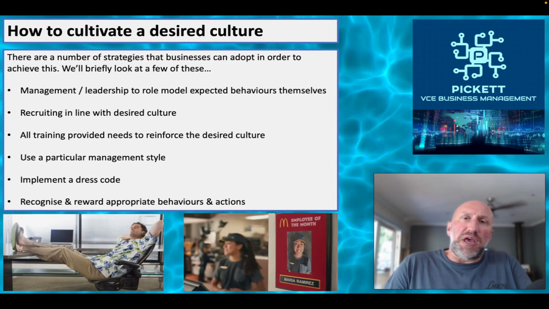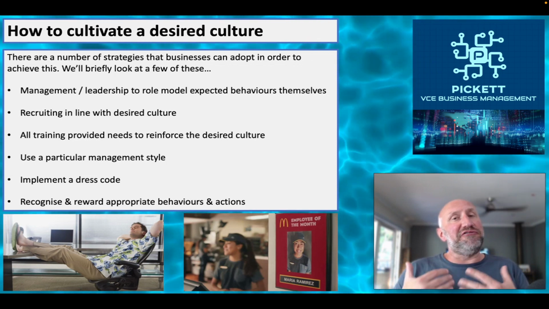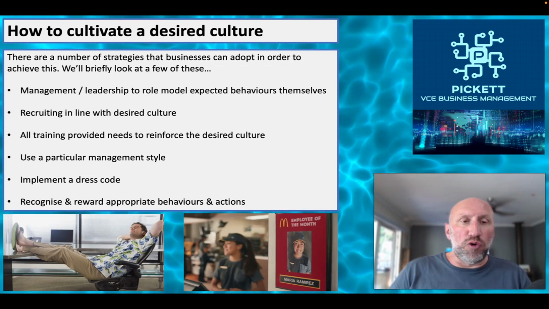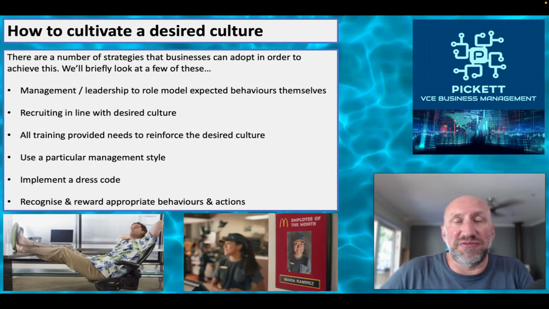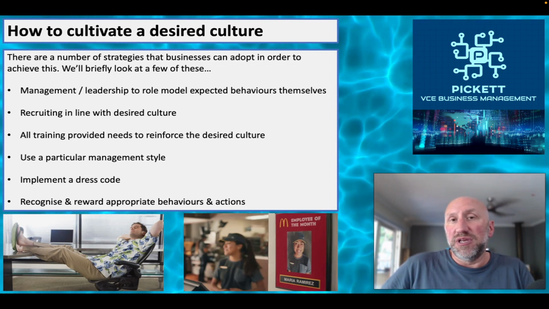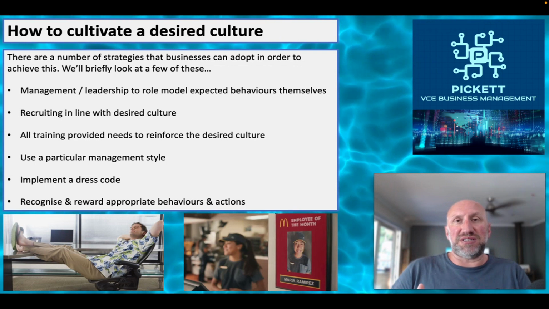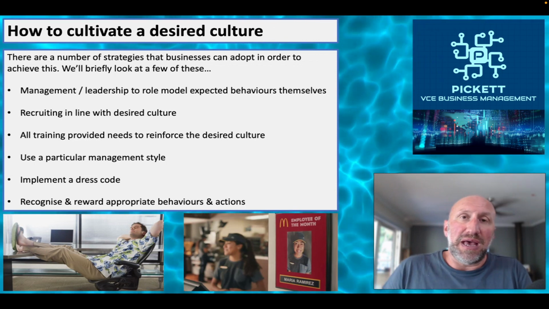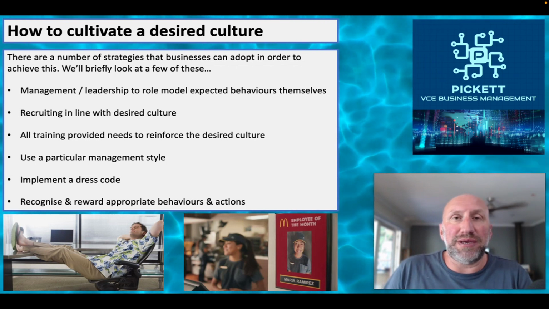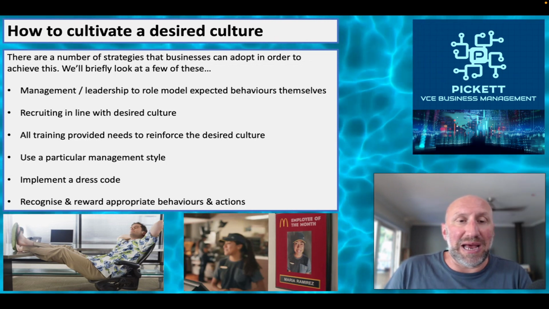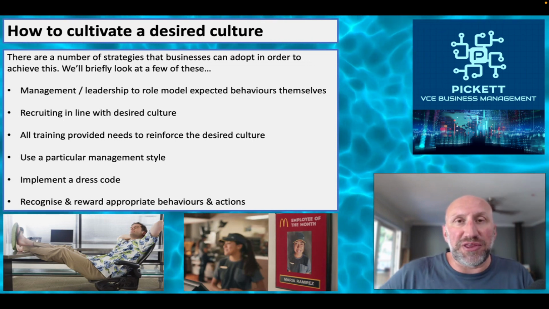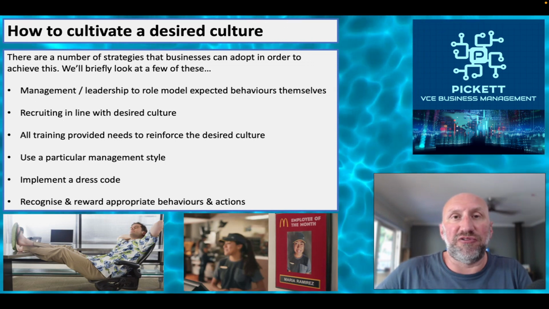If you're trying to create some kind of formality in your culture, then perhaps a formal dress code, again, in an office environment, suits perhaps. So think about what the dress is going to suggest about the culture that you're portraying. And finally, recognizing and rewarding the appropriate actions and behaviors of the employees. So if people are doing the right things, then rewarding them for that.